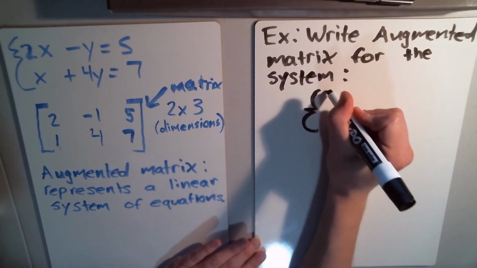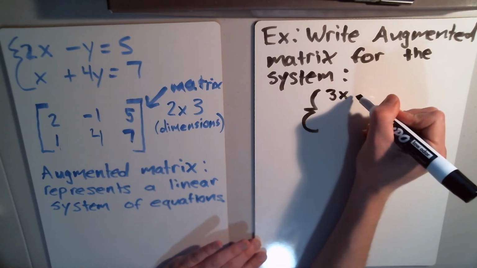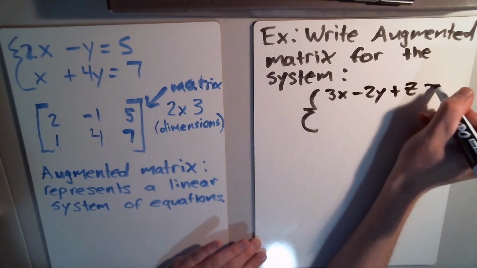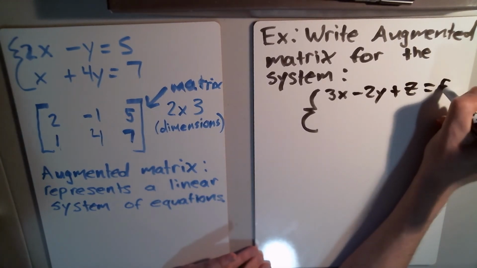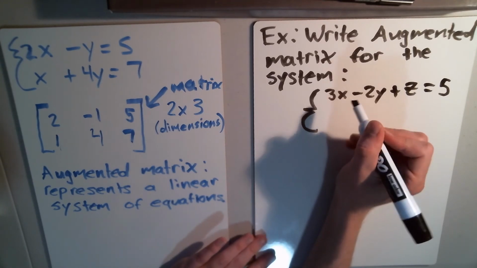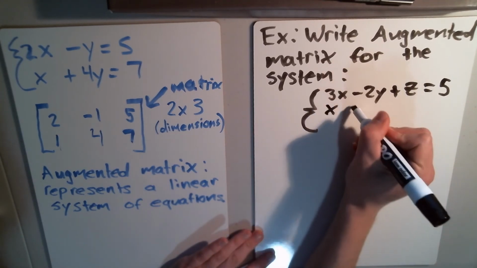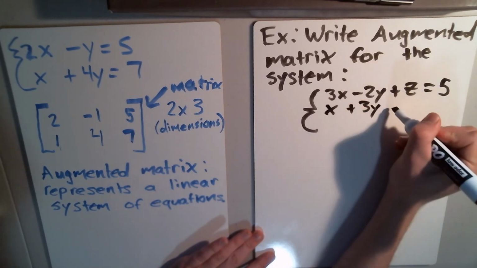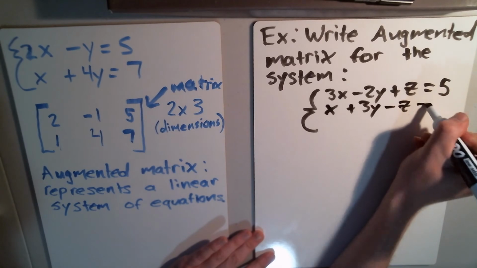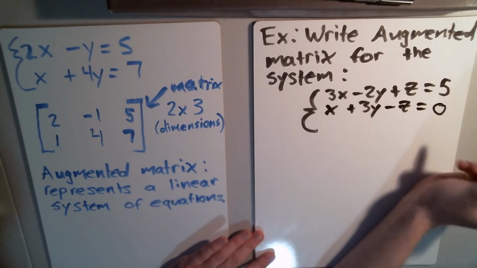And my system is 3x minus 2y plus z is equal to 5. And then my other equations are x plus 3y minus z is equal to 0.